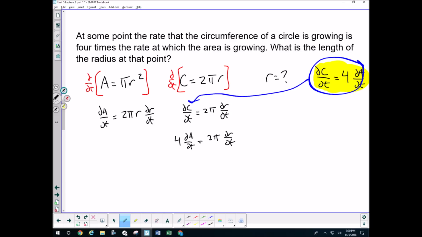I can either solve for dr/dt or I can solve for dA/dt, because it looks like I can solve for one of these and substitute it in here. So I can just divide both sides by 4, and I get an expression for dA/dt in terms of dr/dt.